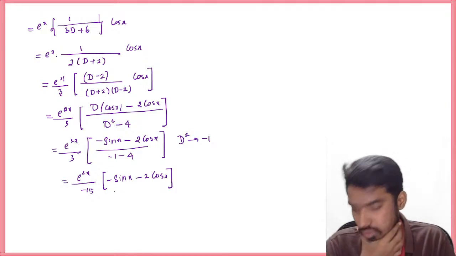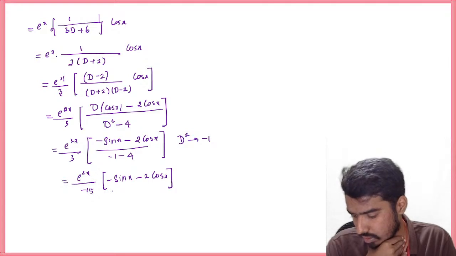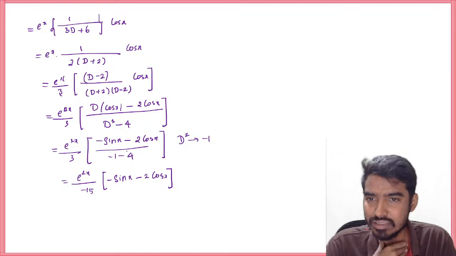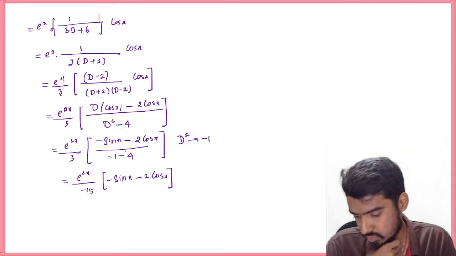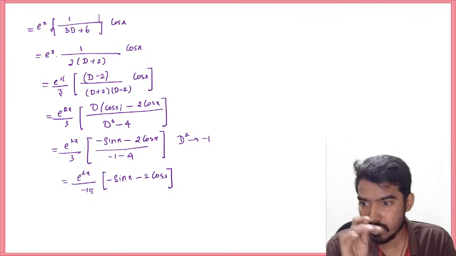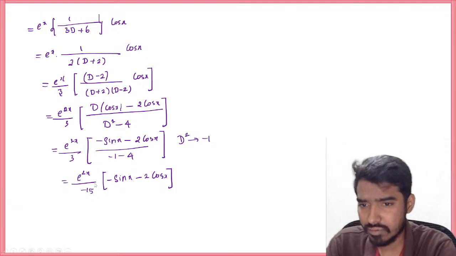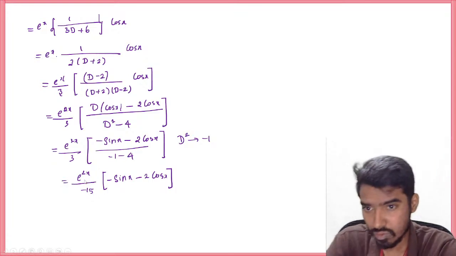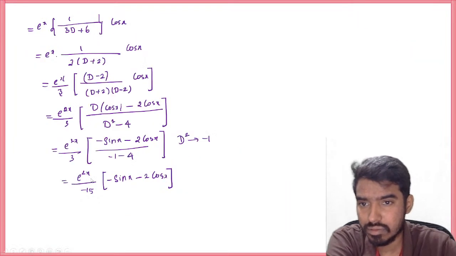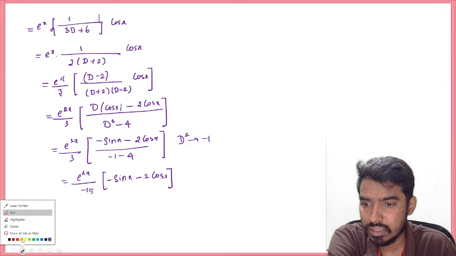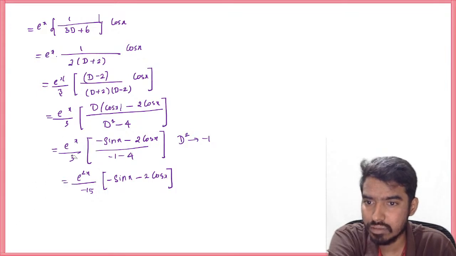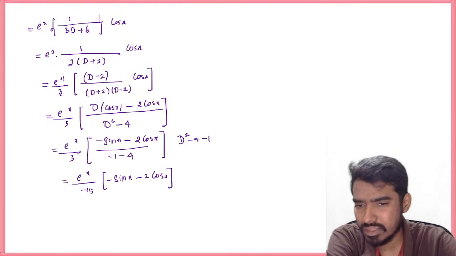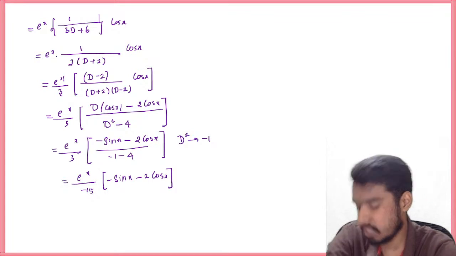They have given the answer as 3 sin x plus 5 cos x. I don't know whether I have done this wrong or not. Next time I will check the answer. I had written e power 2x here, but it's e power x only. They have given 1 by 34 in the denominator. So I'll just check the question once again.